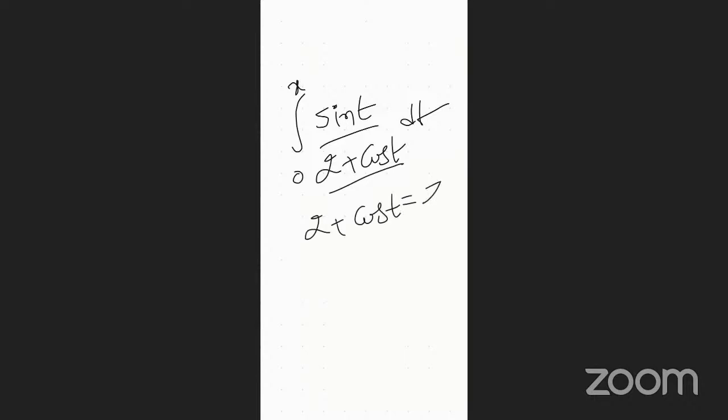So the integration of sin t by 2 plus cos t into dt is the problem. Let's take 2 plus cos t equal to z. Now you have to do the differentiation. The differentiation of cos t becomes minus sin t, and t becomes dt, and on the right side z becomes dz.